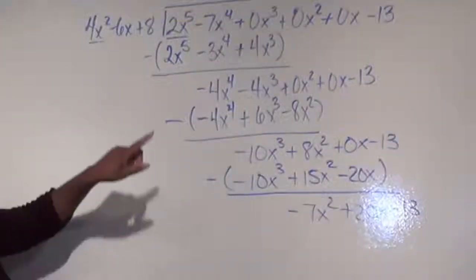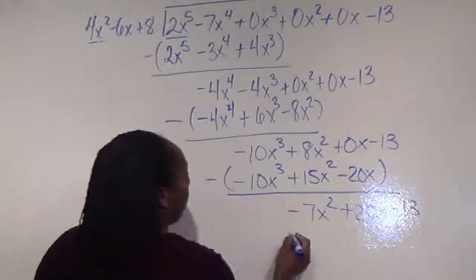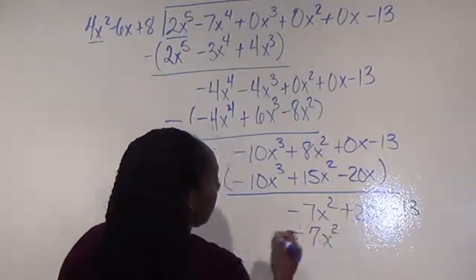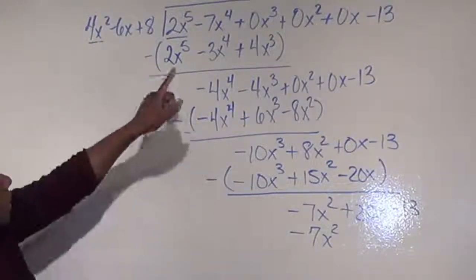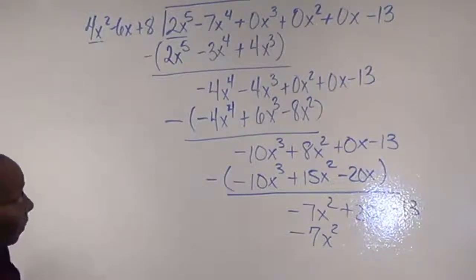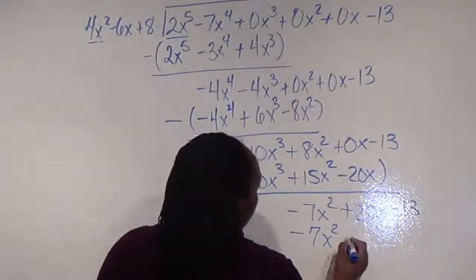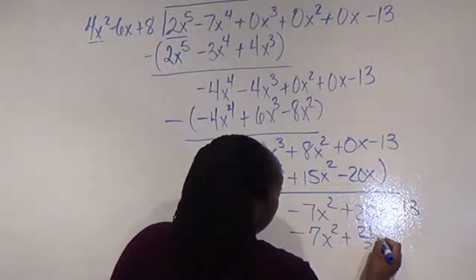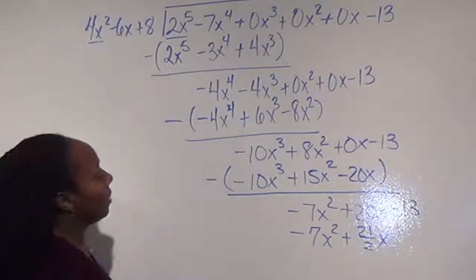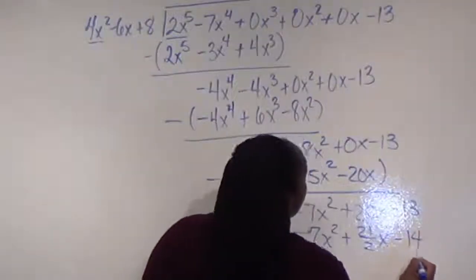Multiplying through, negative 7/4 times the negative 4x, or positive 4x squared, gives me a negative 7x squared. Negative 7/4 times my negative 6 will give me a 21/2. And then for my constant term, 8 times the 7/4 looks like a negative 14.